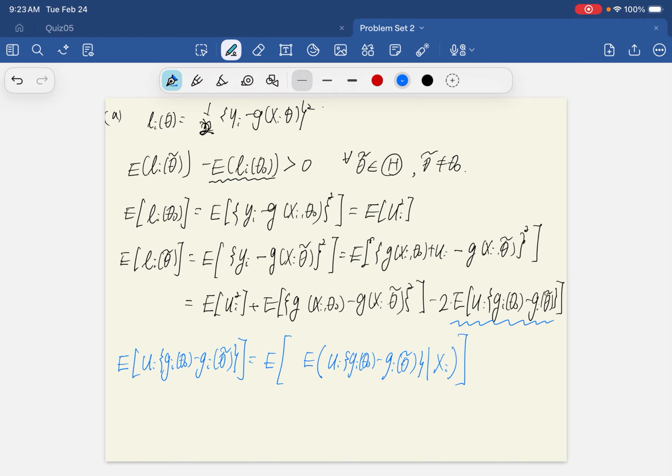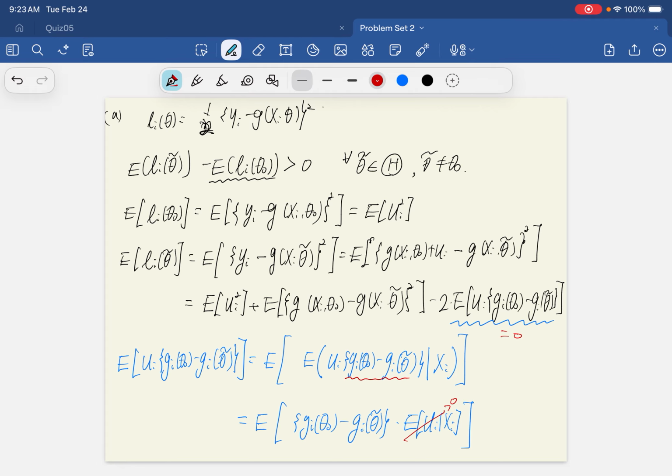But as you know, these two functions depend only on xi, right? The randomness is coming from ui. So you can bring them out of the expectation, and then we get this, and obviously this is 0. So the last term will be 0.